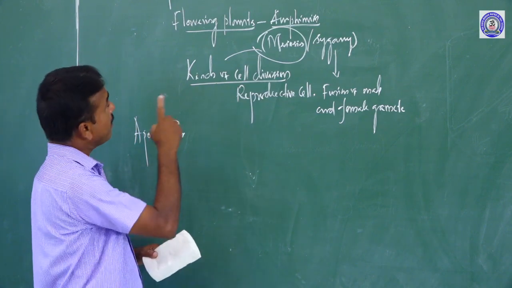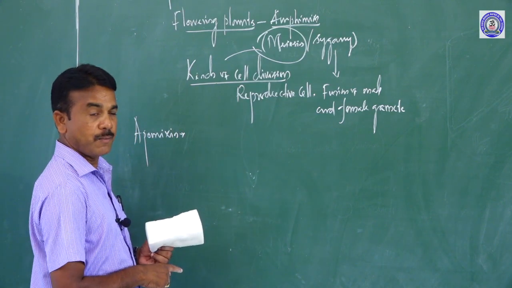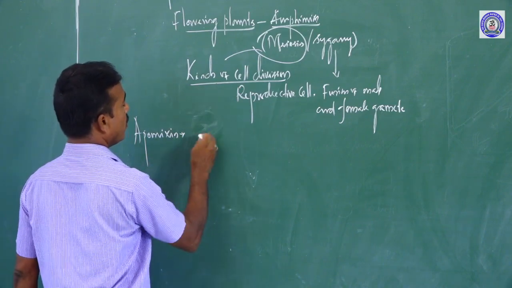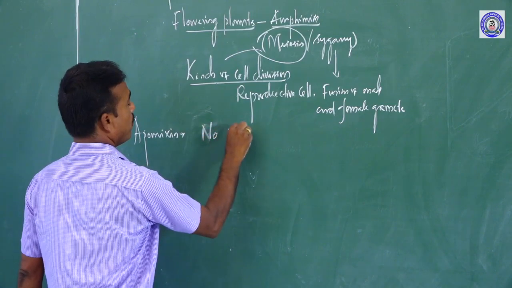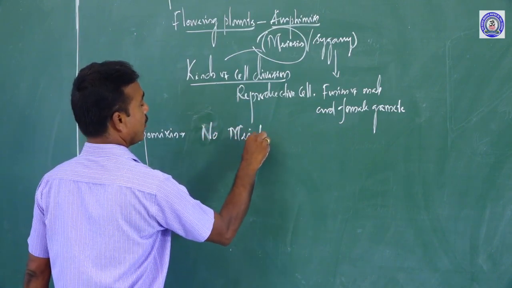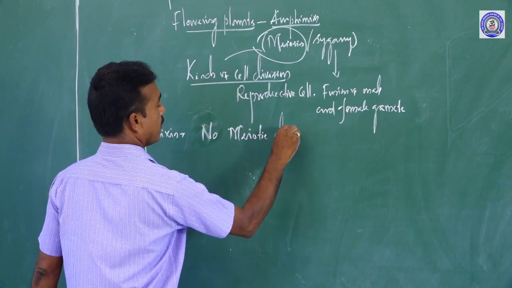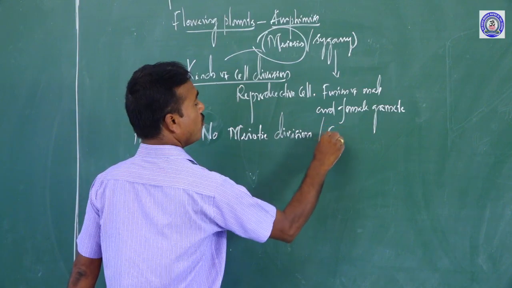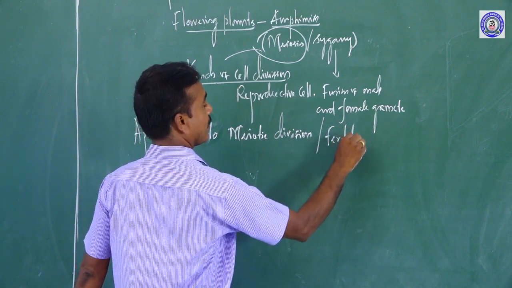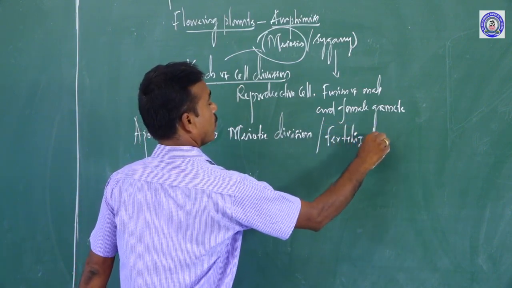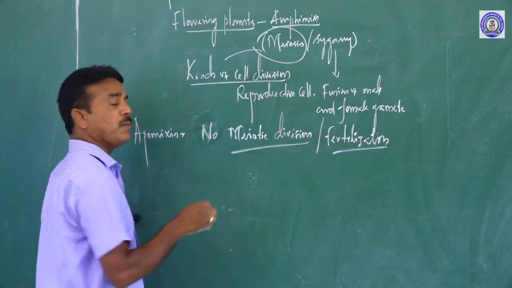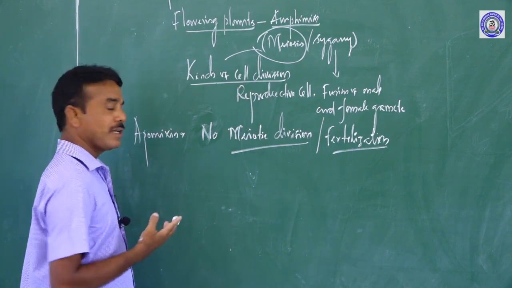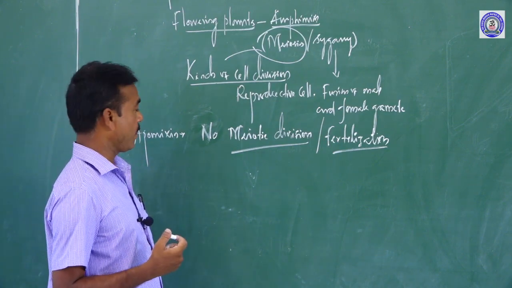It is highly different from amphimixis, because here there is no meiotic division as well as no fertilization. So, without fertilization and without meiotic division, the embryo can develop. That is commonly called apomixis.